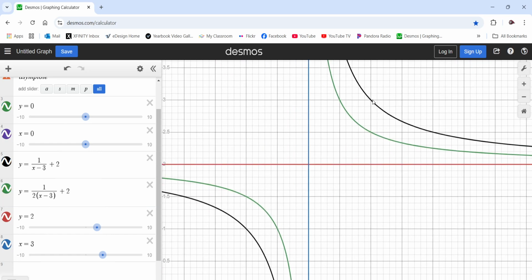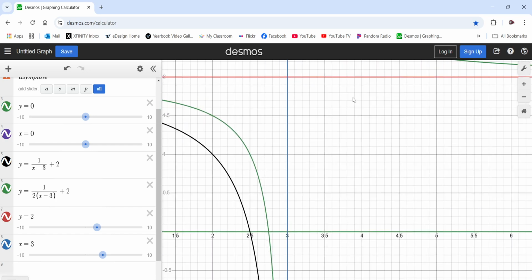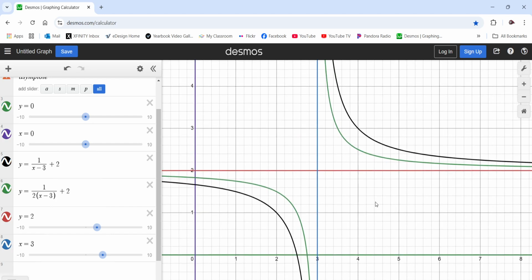Let's make it so they're just ones on the bottom. All right, so each one of those blocks is a 1. So if I go over 1 and up 1, that's my parent one, that black one. If I go over 1, up 1, because y equals 1 over x, right?